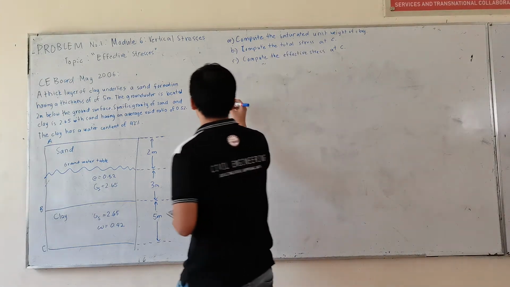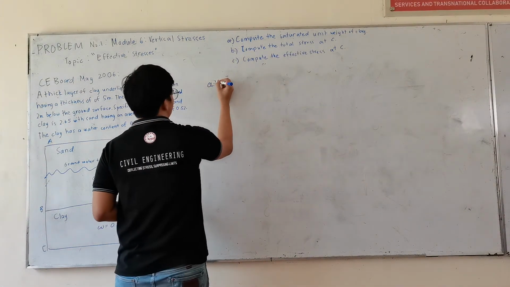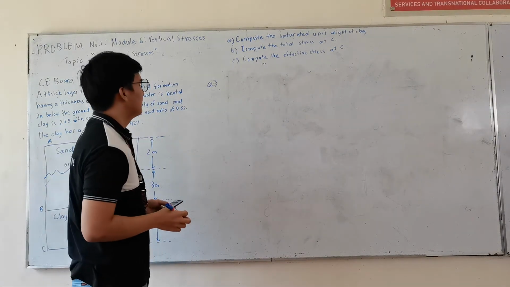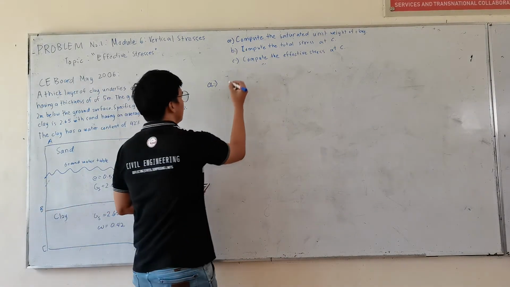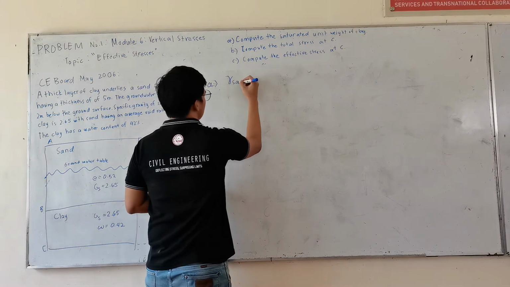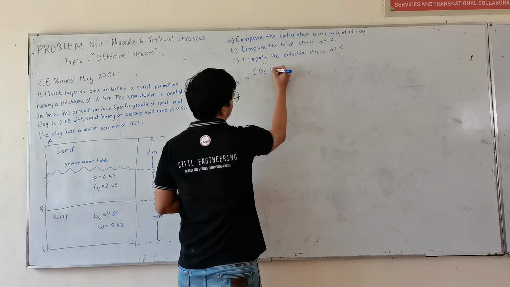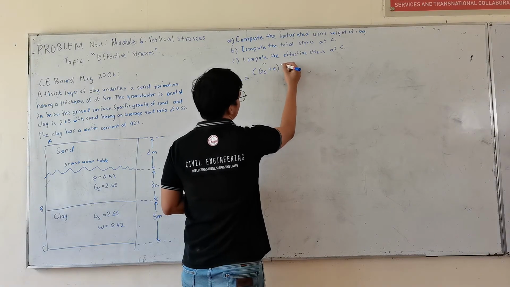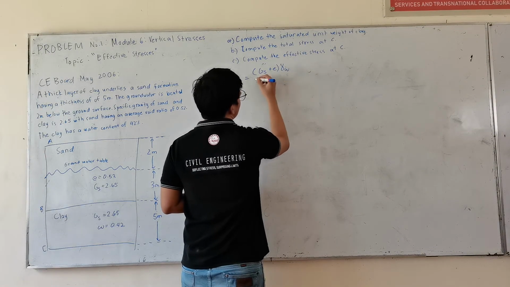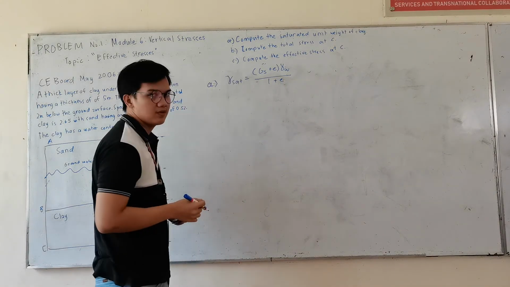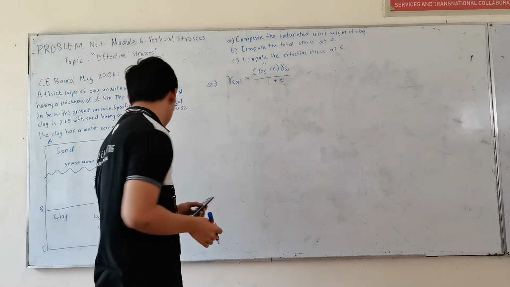So una, solve muna natin yung letter A. So ang formula po natin sa saturated unit weight is Y sat is equals to (Gs plus e) times the unit weight ng water over 1 plus e. Ang problema po is wala po tayong void ratio sa problem natin.